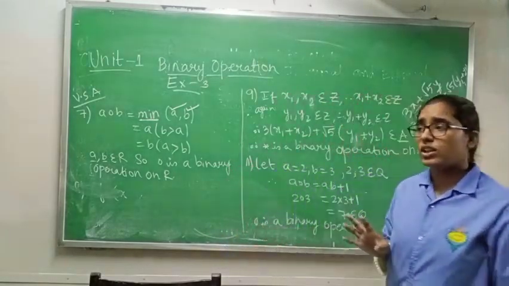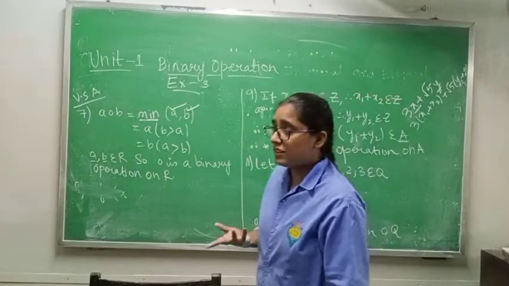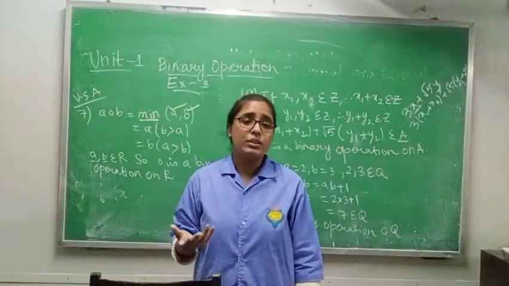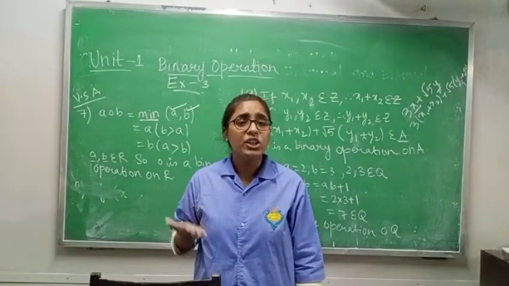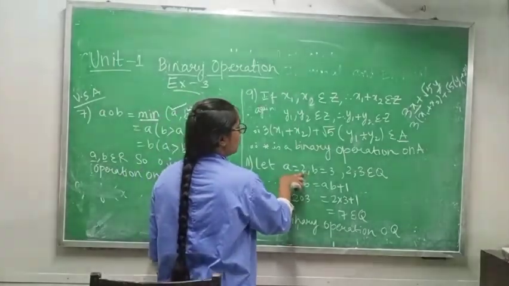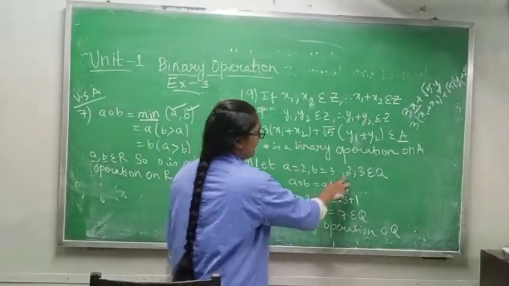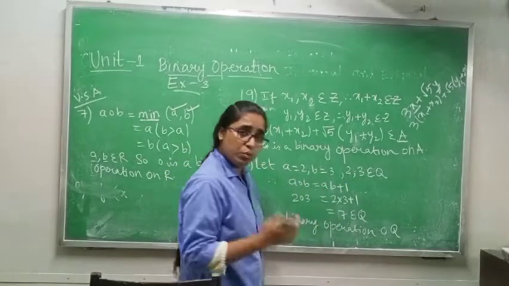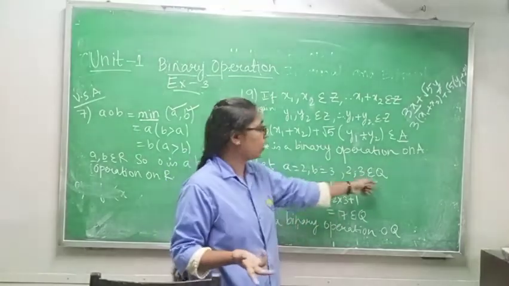Now what is a rational number? A rational number is a number which can be written in the form p by q. So let A equal 2 and B equal 3, and 2 and 3 both belong to Q. Both are rational numbers.